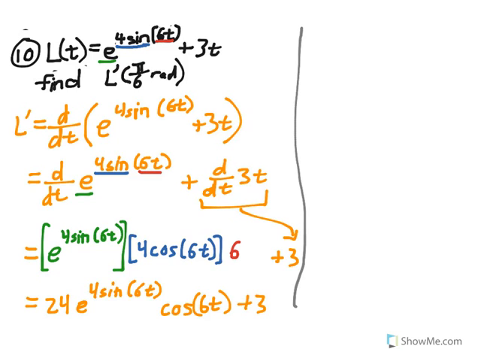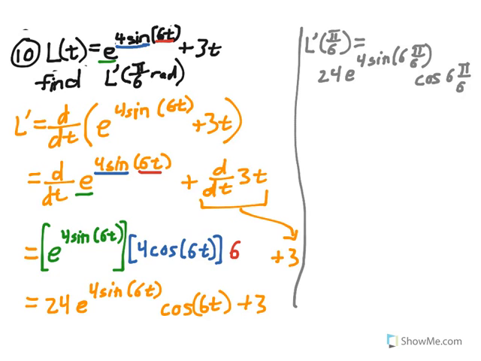So now we got to substitute in pi over 6 radians here, so we get L prime of the quantity pi over 6 is going to equal 24 times e to the 4 times the sine of 6 times pi over 6 times the cosine of 6 times pi over 6, all of that plus 3.